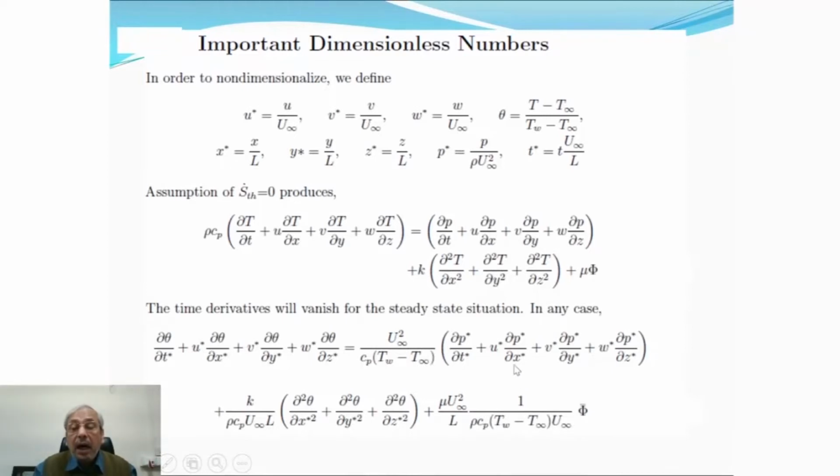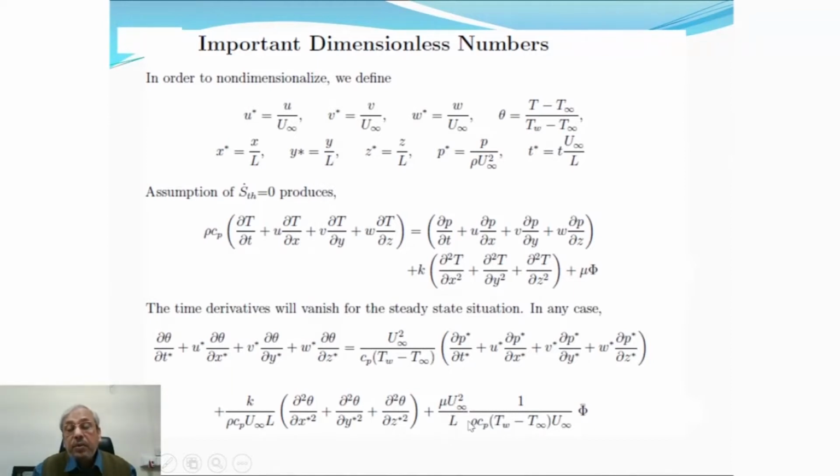And then from the left hand side, ρ Cp (Tw − T∞) U∞ by L will come, and in the denominator, if we pull out, we will get μ U∞² by L².